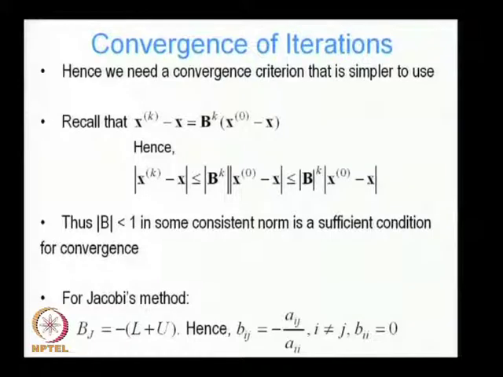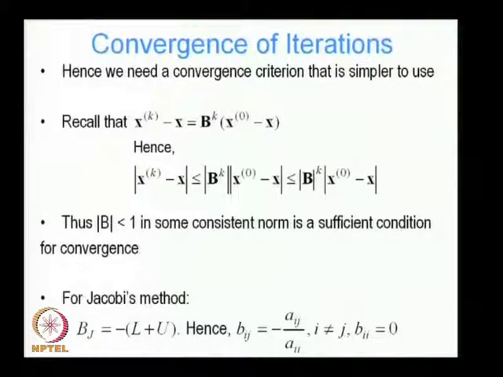Note, this is not a necessary and sufficient condition. The previous condition, rho B is less than 1, was a necessary and sufficient condition. What is a necessary and sufficient condition? It means that it is only going to converge if rho B is less than 1, if and only if rho B is less than 1.